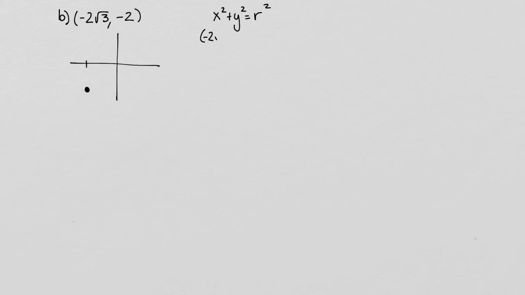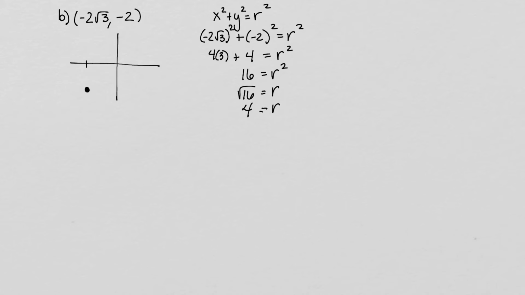So minus 2 square root of 3 squared plus minus 2 squared equals r squared. So this is going to be 4 times 3 plus 4 equals r squared. So 12 and 4 is 16. So 16 is equal to r squared. So we're going to let r be the positive square root of 16. So r is going to end up being 4. Questions?